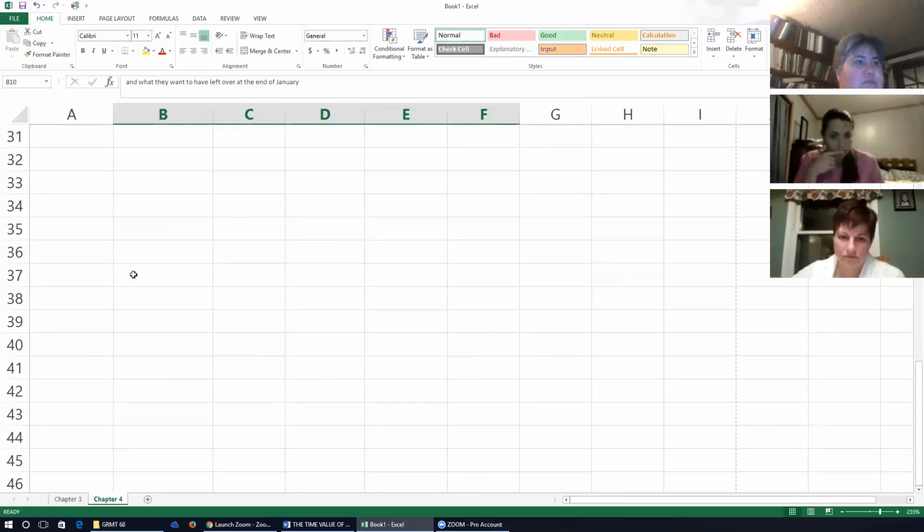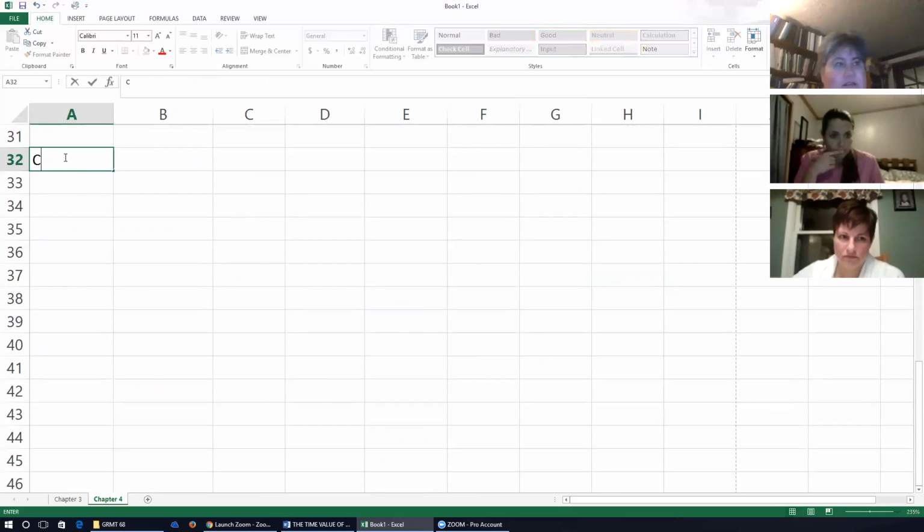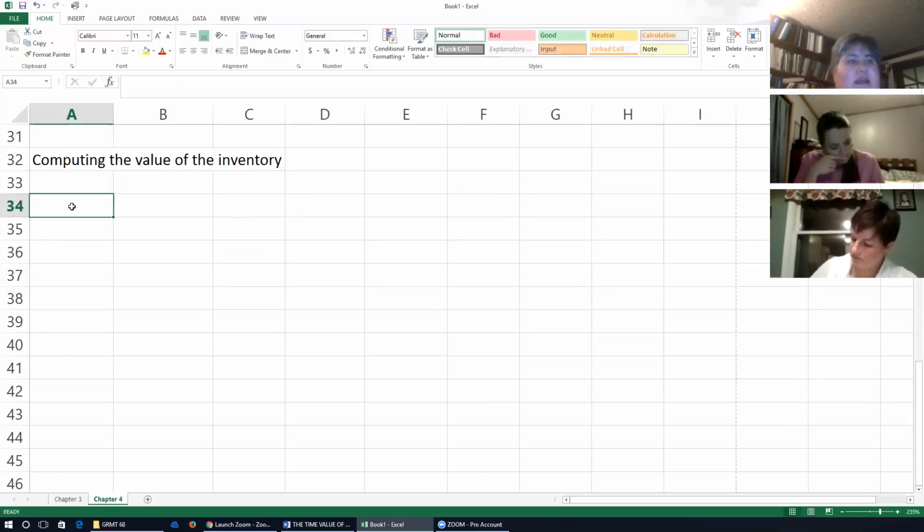Let's find some new space here. Products are either made by a company, like a manufacturer, in the example we used above, and sometimes we're a merchandiser. We just buy ready-made products, slap a price tag on them, and sell them to customers.